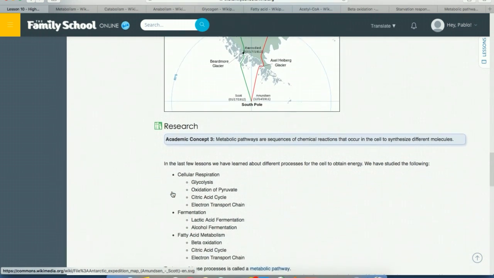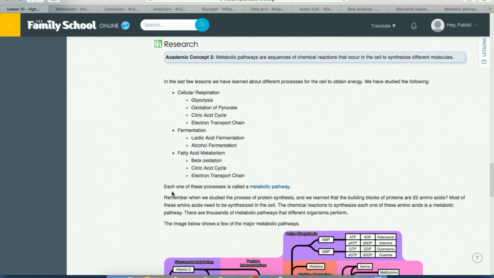Okay. So the next concept: metabolic pathways are sequences of chemical reactions that occur in the cell to synthesize different molecules. In the last few lessons, we have learned about different processes for the cell to obtain energy. We have studied cellular respiration and the 4 steps of cellular respiration.